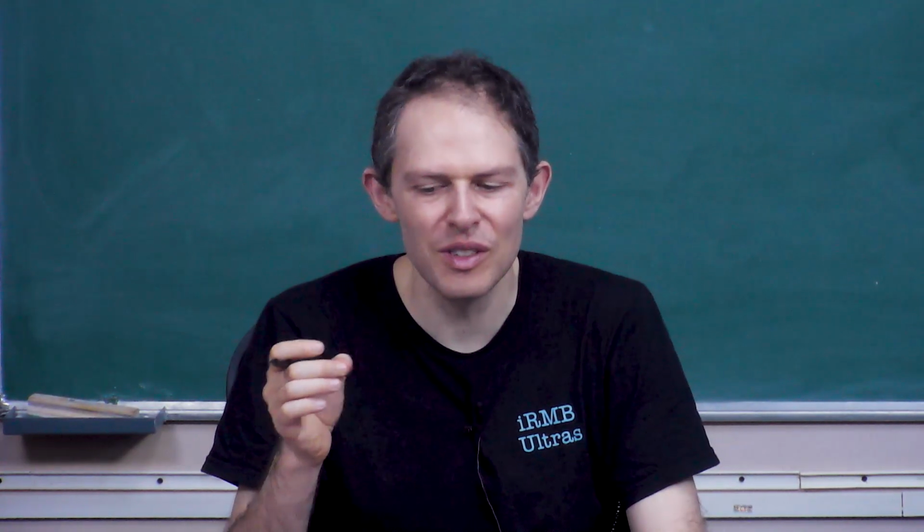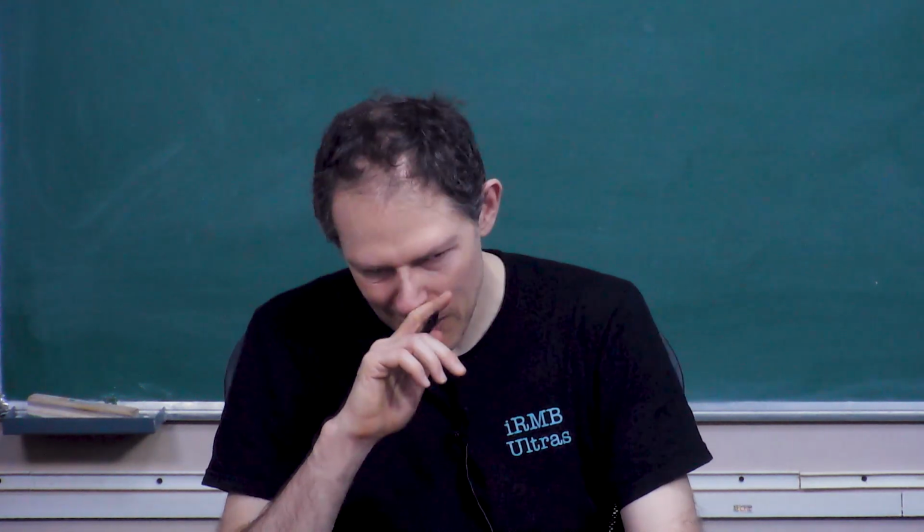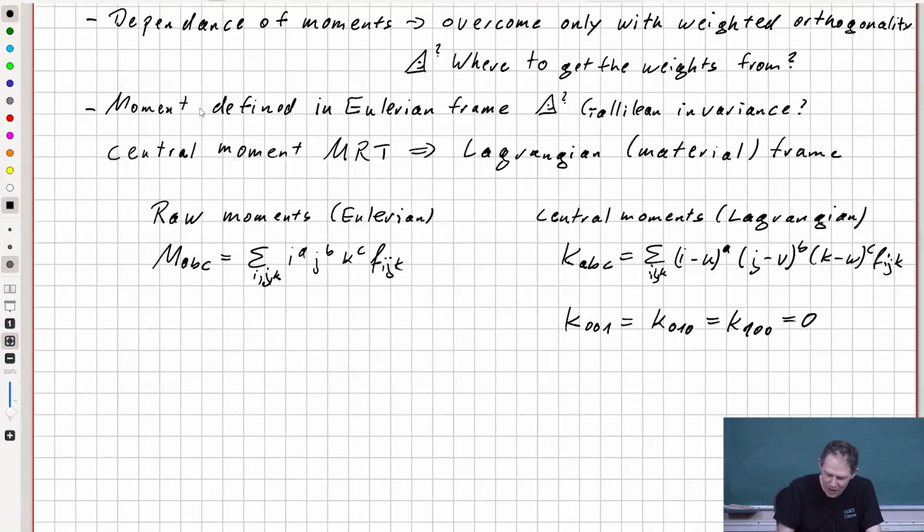And then there's also a possibility to do a transformation between raw moments and central moments. And this may or may not be of advantage here. So what you can do in order to make your equations look a little bit simpler is you apply a binomial transformation, and you first calculate the raw moments, and then you can calculate the central moments from the raw moments, and vice versa.